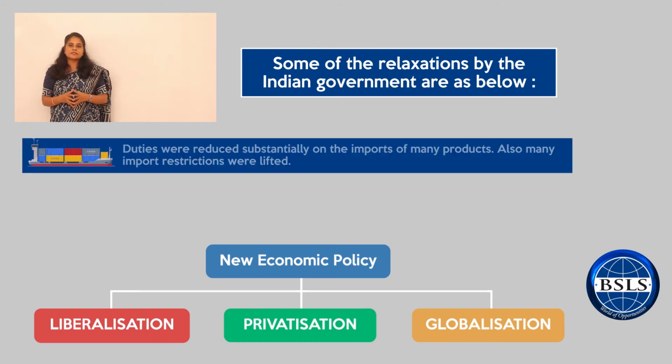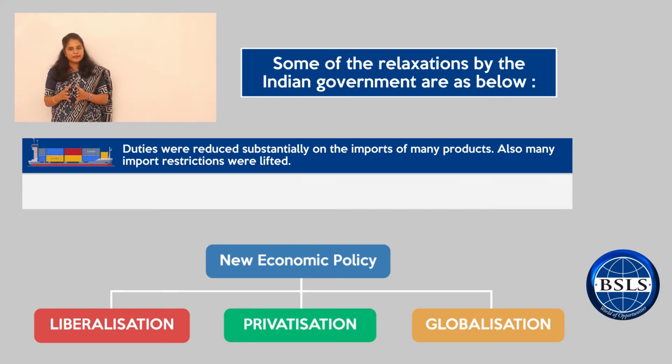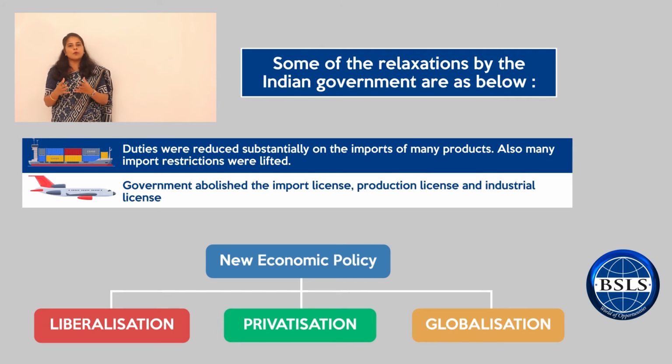Under liberalization, the government reduced the restrictions and trade barriers with international partners, thereby allowing more foreign trade to flow into the country. Under privatization, the government abolished the stringent regulations in the domestic market, such as the Industrial License Raj, and also allowed more private participation in business.